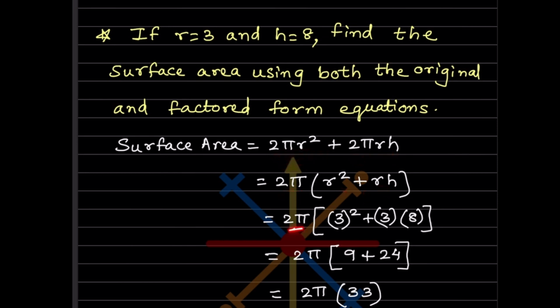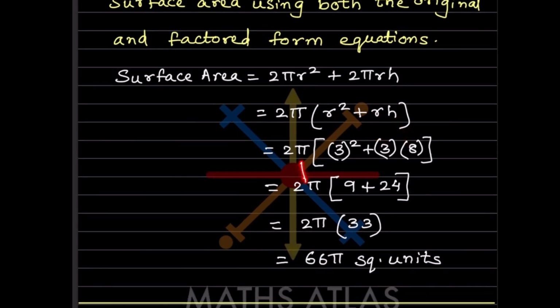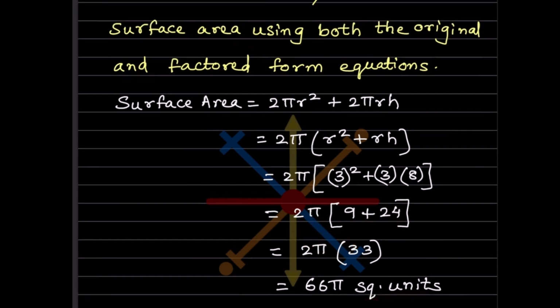So now what will you write here, 2 pi, and here you have the value of r is 3, so you will put 3 square, and we have the value of h is 8, so we'll put here 8. So here 2 pi, this will be 9 plus 24. So this is 33, then 2 times 33 is 66 pi, and you know the area means always it is going to be square units.